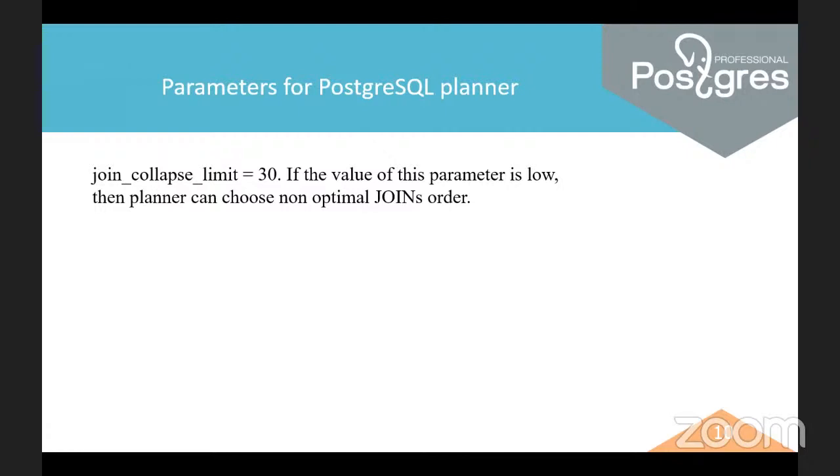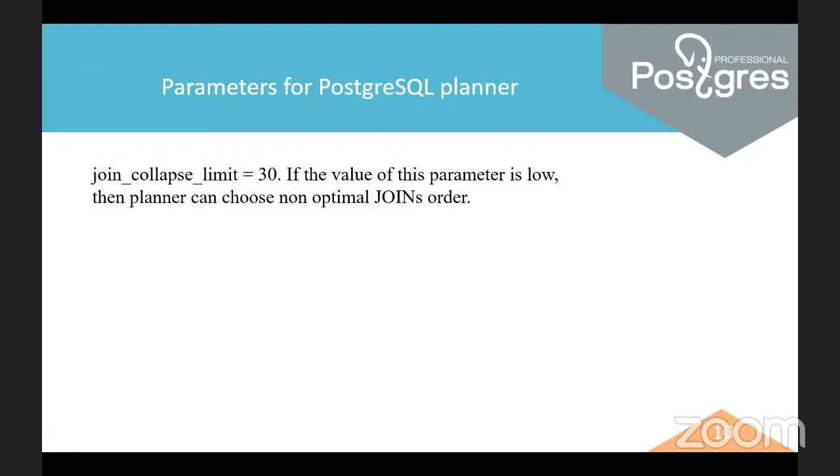The best join order is when we grab some data from our employees, we filter it, and then we calculate the statistics for the remaining rows. It's a good way of joining. And the bad way of joining is when we grab all statistics for each and every employee, we calculate it, and then we join it with the remaining data set. And of course, this query will work longer than the first one.